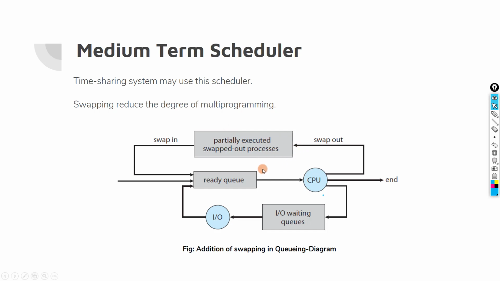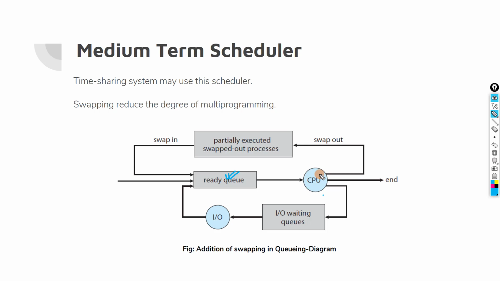So what happens here? Everything is similar to normal execution, but in this case there's a special scenario: at a certain time the processes which are in the primary memory, I mean in the ready queue, and those that go to execution in the CPU, can be swapped out of the memory.